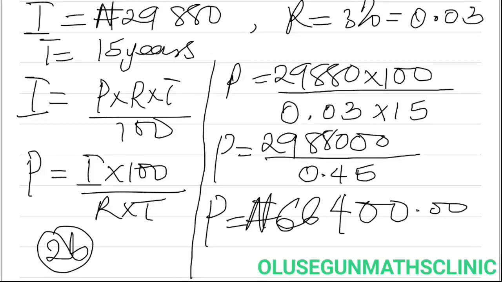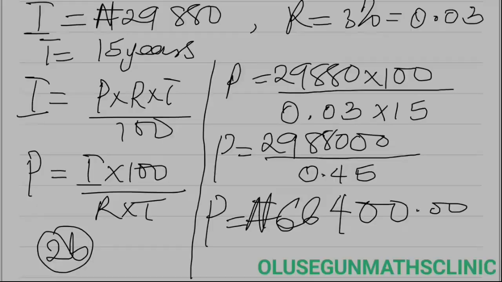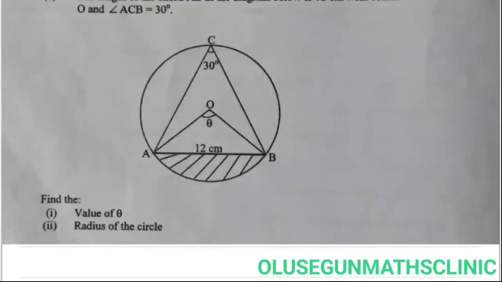So we continue to question 3. The length of the chord AB in the diagram below is 12 centimeters, with center O, and angle ACB is 30 degrees. The first question says, find the value of theta.